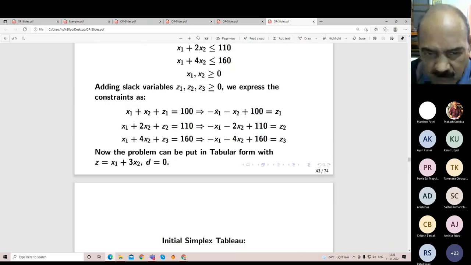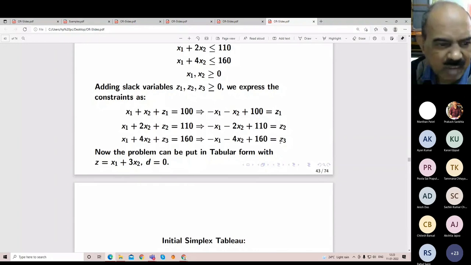We are writing in this form: minus x1 minus x2 plus 100 equal to Z1. Similarly, second row, minus x1 minus 2x2 plus 110 equal to Z2. Then third row, minus x1 minus 4x2 plus 160 equal to Z3.